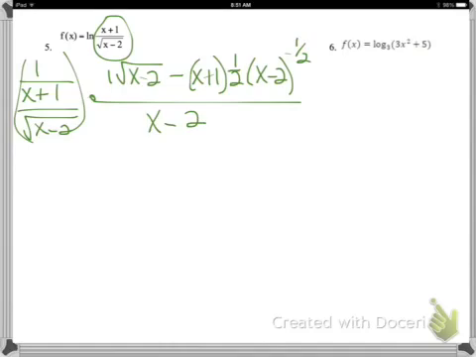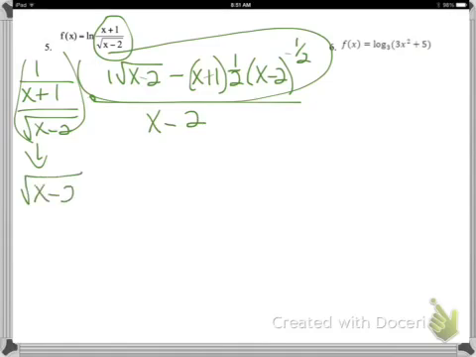Okay? Now, if you simplify this a little bit, if I simplify the numerator here, and then this is a complex fraction over here, so the left side really just becomes the square root of x minus 2 over x plus 1, because it's just multiplied by the reciprocal. Okay, that's what I'm going to get over there.